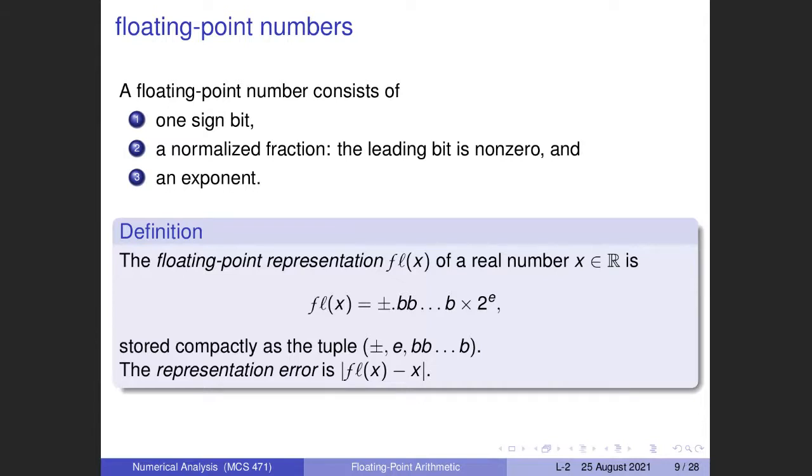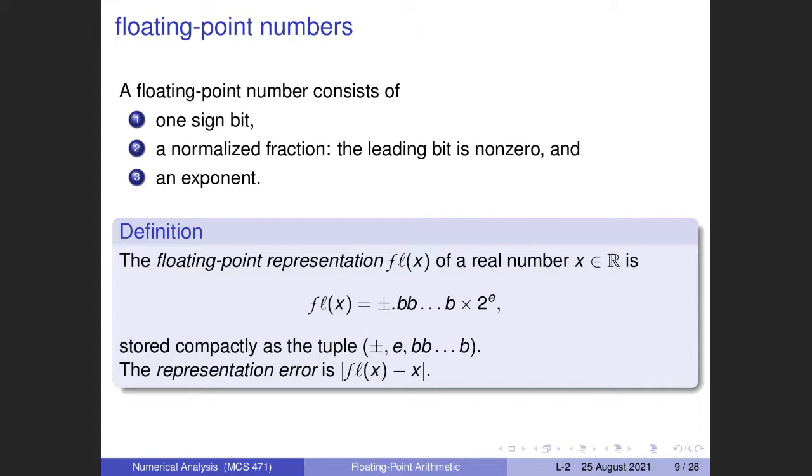And floating point numbers, if you like, are very similar to the way we see real numbers in scientific notation. We see a sign, we see a fraction, and then we see an exponent. These are the three ingredients that constitute a floating point representation of a real number.